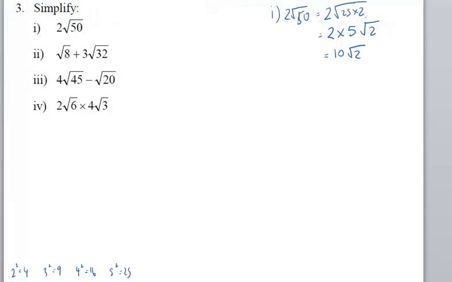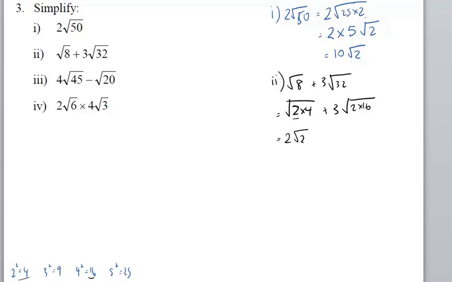So for question 2, here we have the square root of 8 plus 3 square root 32. So we look at our numbers here, we go, okay, wait, look, 4. So square root of 8 is the square root of 2 times 4. And we have 3, and 32 is 2 times 16. So square root of 4 is 2, and we still have this root 2 left behind. Then we've got plus 3, remembering between this is a times.